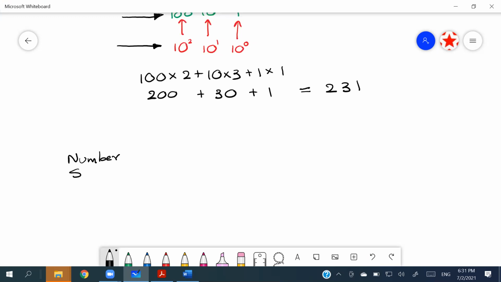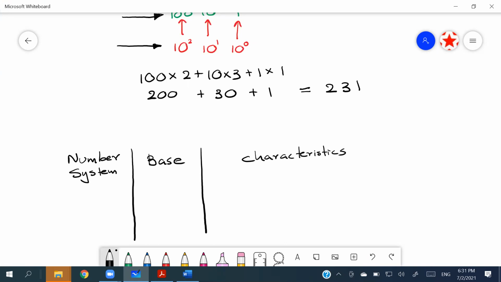So I'm taking it as number system and a base. And I simply say here the characteristics. Right?